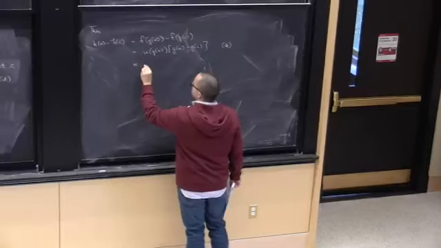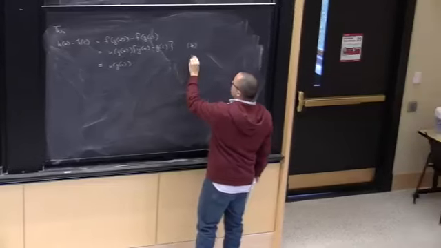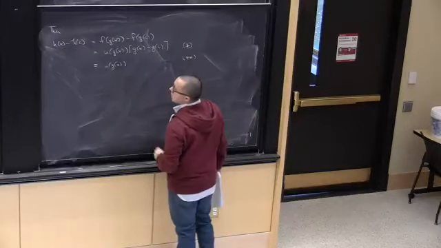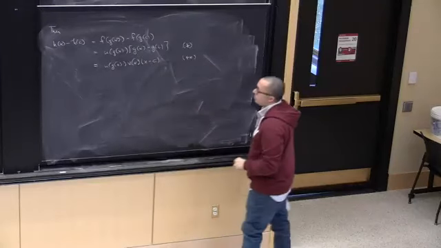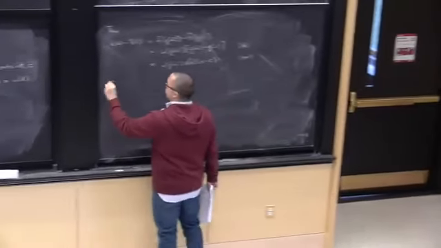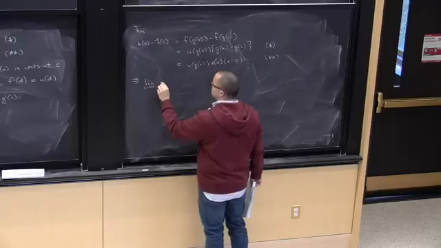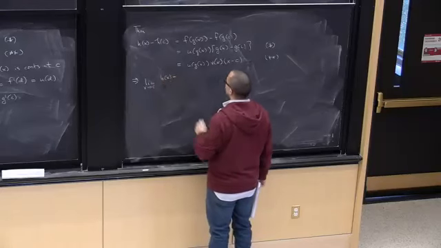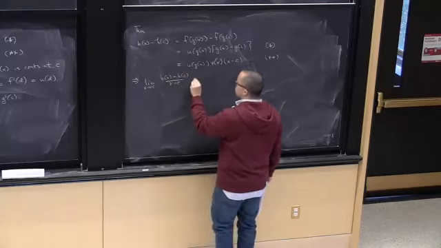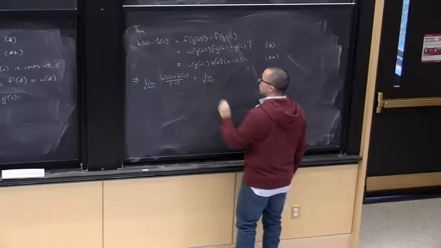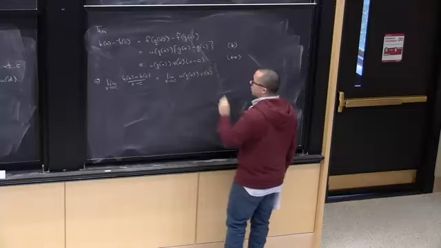And now I use the second relation, double star, to write g of x minus g of c equals v of x times x minus c. And therefore, the limit as x goes to c of h of x minus h of c over x minus c is equal to the limit as x goes to c of u of g of x times v of x.